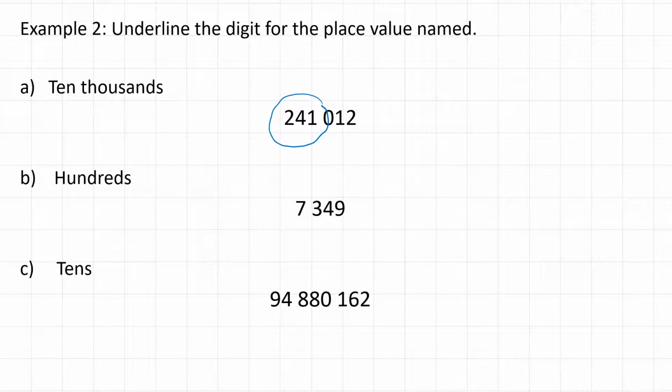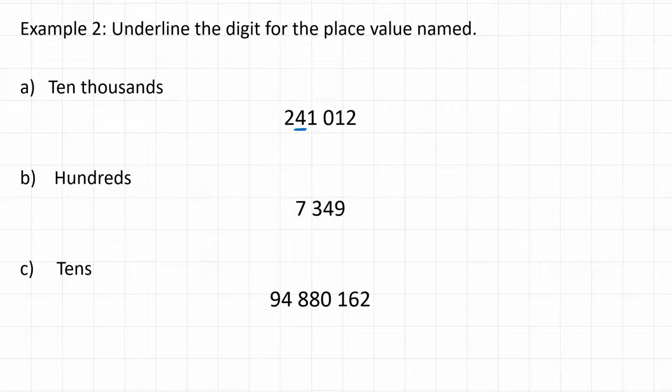And from there, I can figure out where the 10,000s is. It makes it a little easier so you don't have to go through all of the numbers and just look at the specific group. In this specific example, the 4 is in the 10,000s place, so I've underlined it.